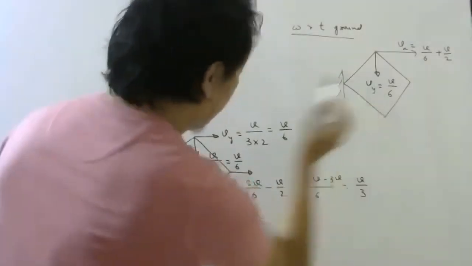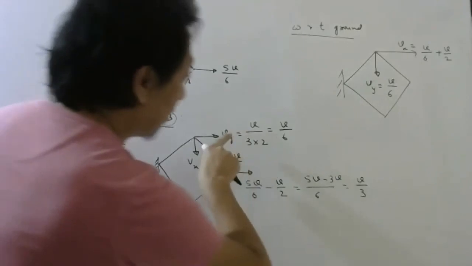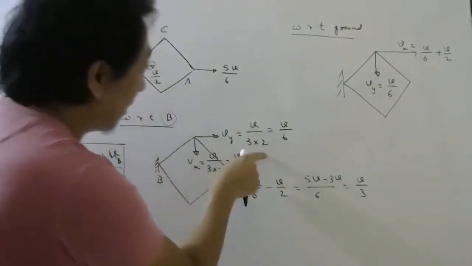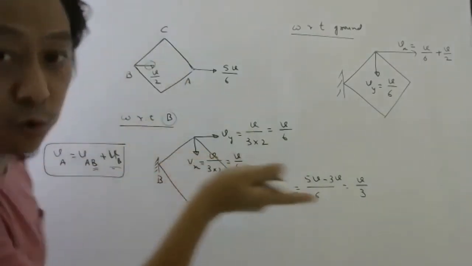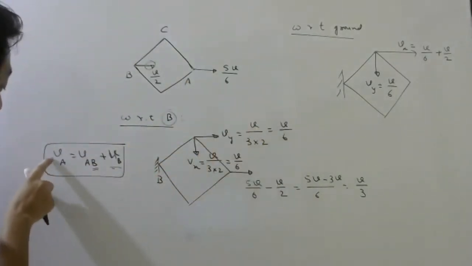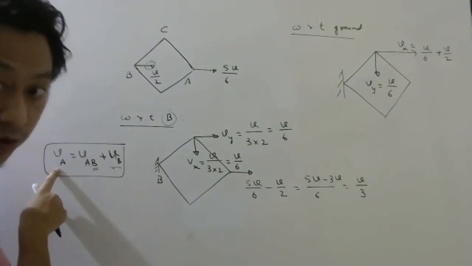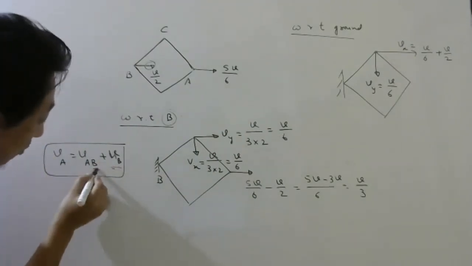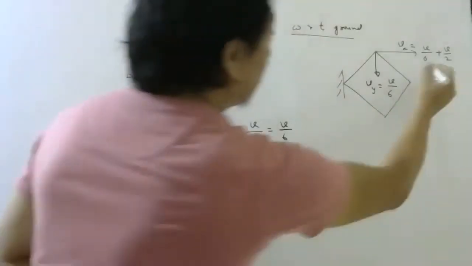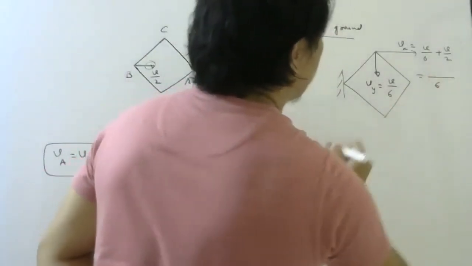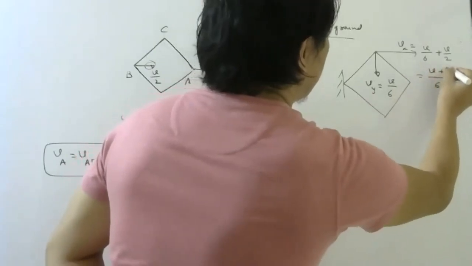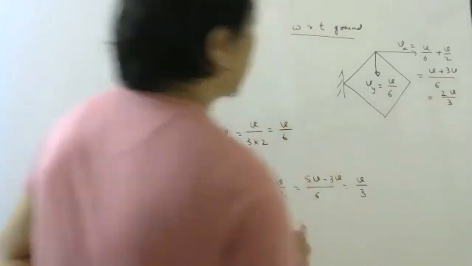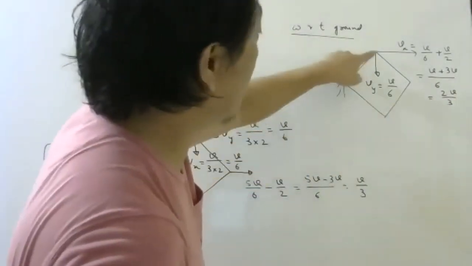So this will remain the same. But this velocity is v by 6 this side. You have to add this velocity directly, without doing ulta. Why without doing ulta? Because I want velocity of A with respect to ground. So when you want with respect to ground, you have to just add velocity of this point. Understood? So it will be equal to 6v plus 3v, so 2v by 3. So these are the x and y components of this velocity.